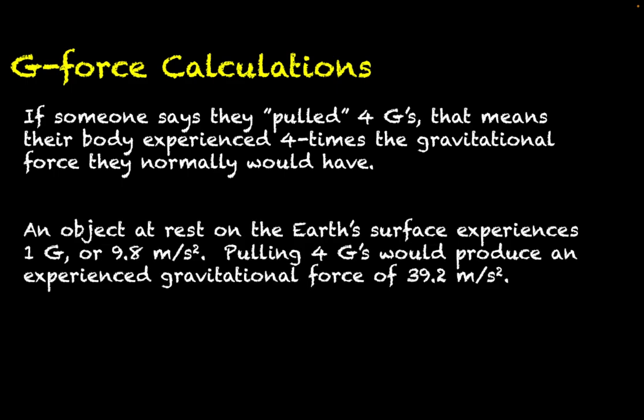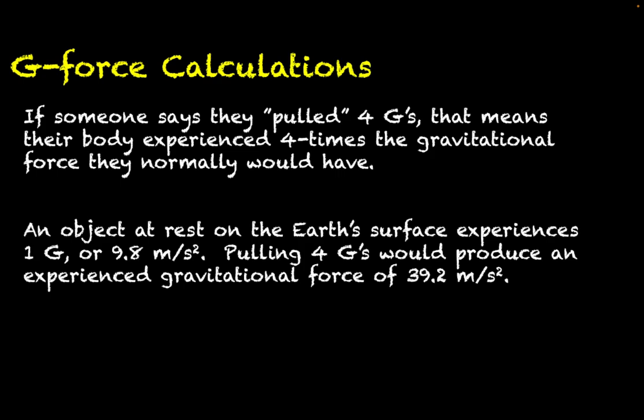So an object at rest on the Earth's surface will experience 1 G, which is equivalent to 9.8 meters per second squared. Another way of thinking about that is that if you stand at the top of a building and drop a bowling ball off the top of that building, that bowling ball, from the moment you drop it, will accelerate at 9.8 meters per second squared, meaning 1 second after you drop it, its velocity will be 9.8.